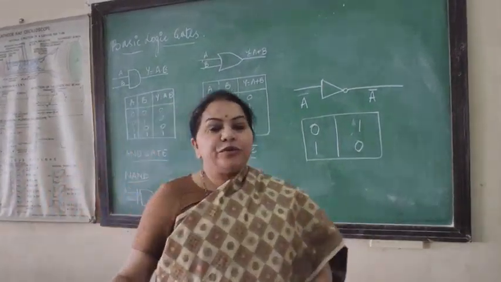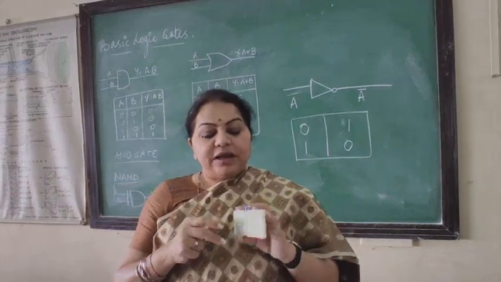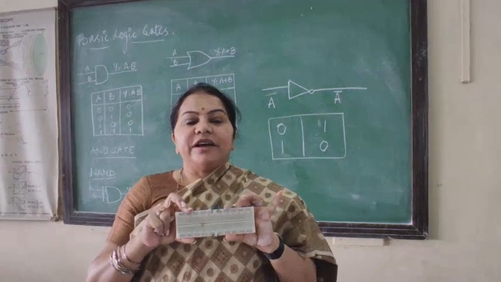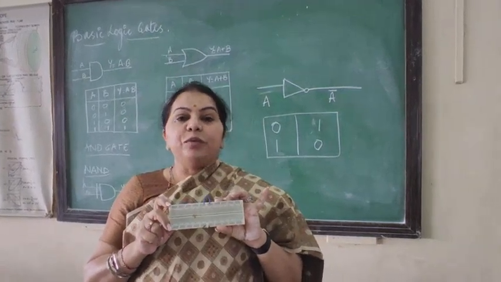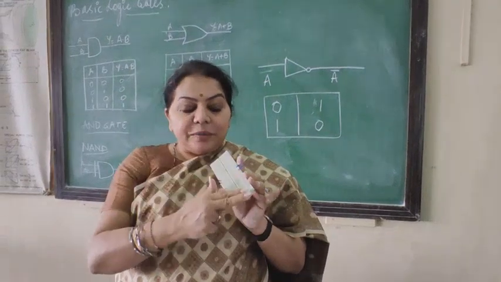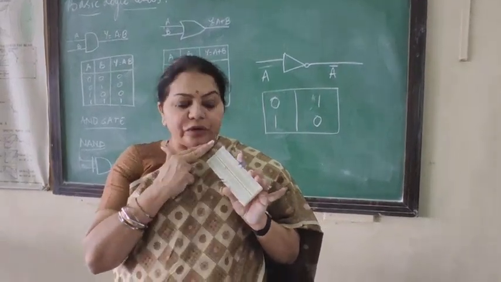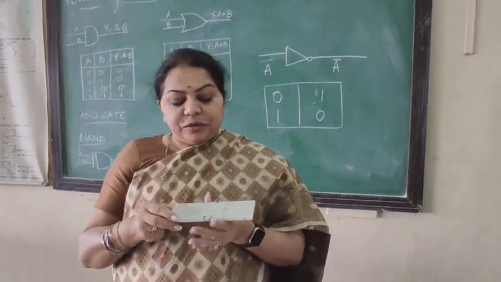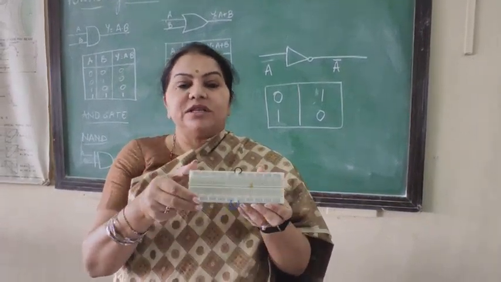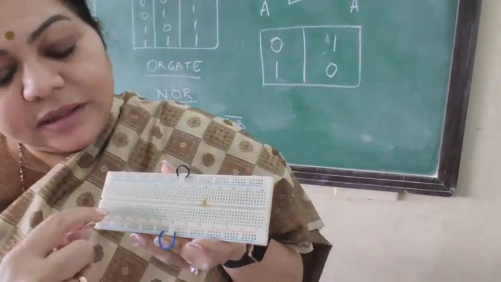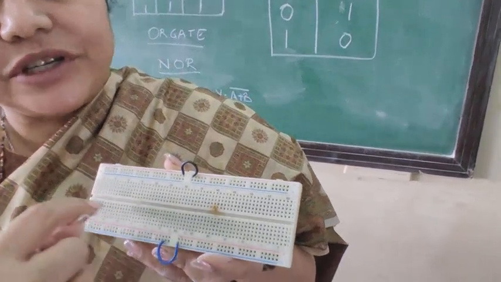Before you start connecting, let me introduce you to this device which is known as a breadboard. A breadboard is a base, a substrate on which you are going to connect the circuit. If you see your breadboard closely, you will see that there is a grid formation.